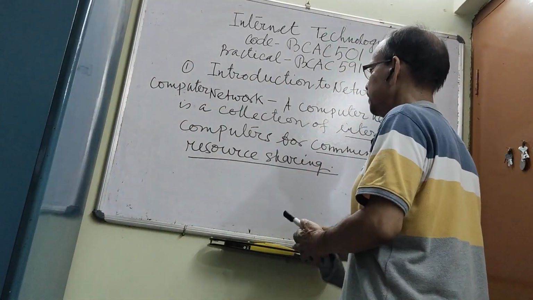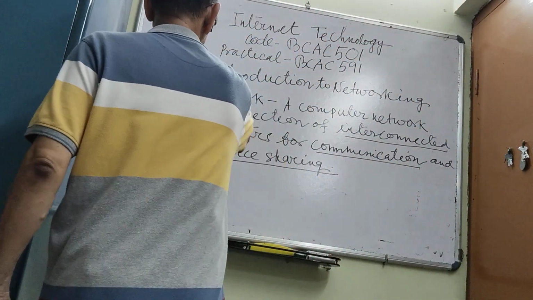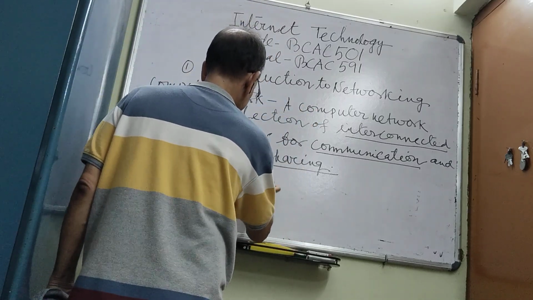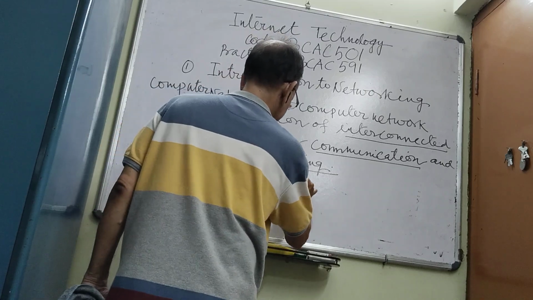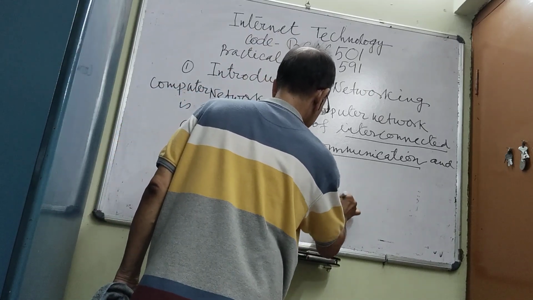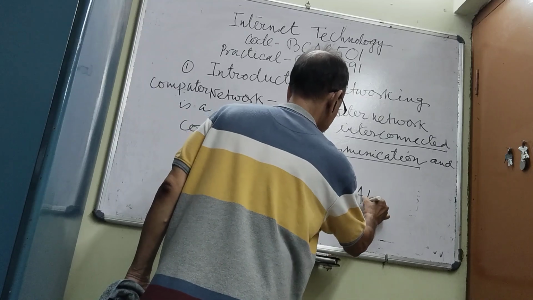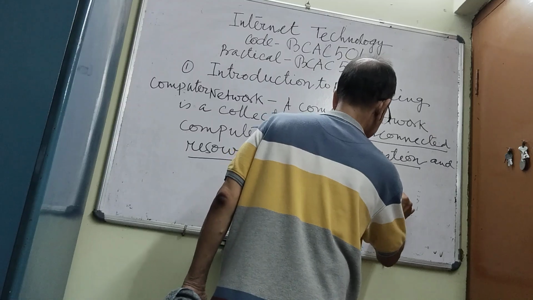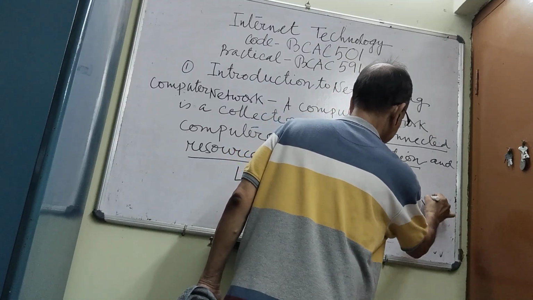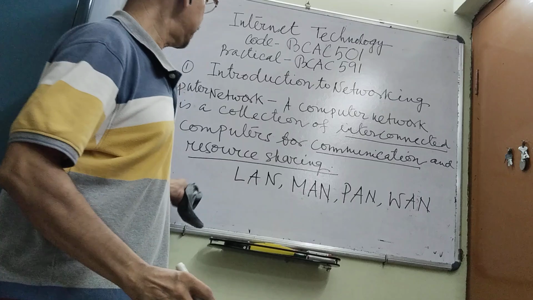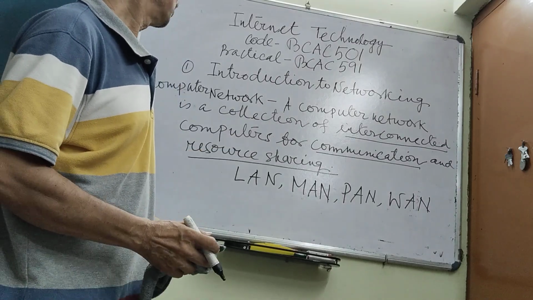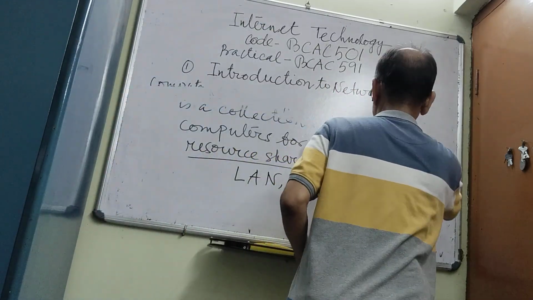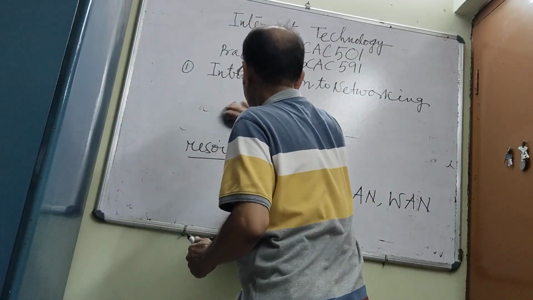Network is this, and we know there are some networks: LAN, local area network, MAN, metropolitan area network, personal area network, and finally wide area network. So we know this. Now the question is, what is internet and how was the internet developed?